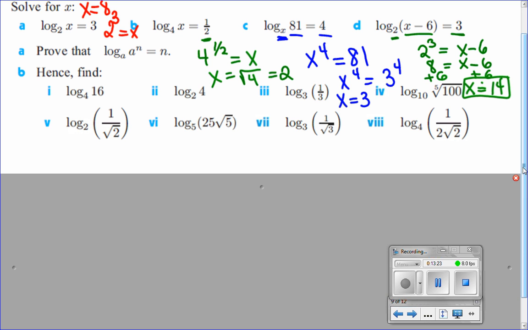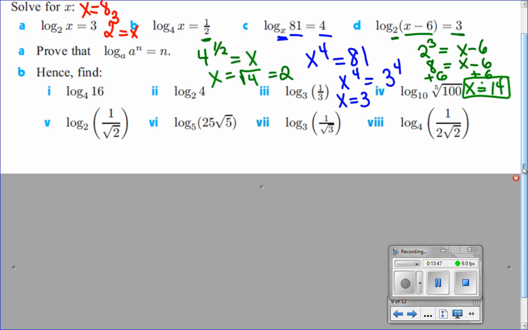Okay, letter A, it's good for you to keep practicing this, I think. So even though we know that this is one of our properties, that if this is the same base here and here, it's going to cancel and we just get n, we should be able to understand why that's happening.